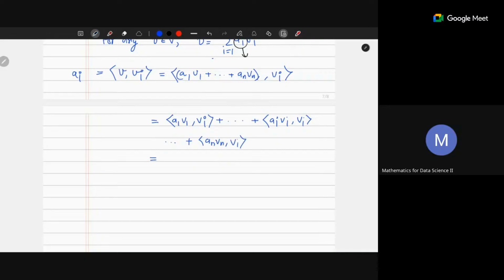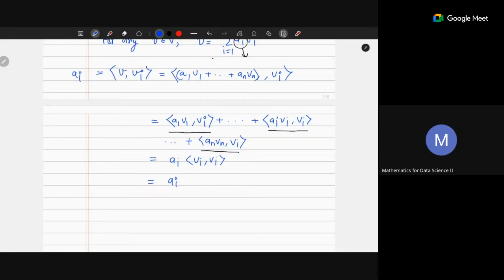All right. Now what happens to the first term? It's 0, right? Why is it 0? Because V1 and Vi are orthogonal to each other. So the first term is 0, the second term will also be 0, and the last term will also be 0, except the ith term. Only the ith term will survive, and you can take ai out because it's a scalar. So it becomes ai.